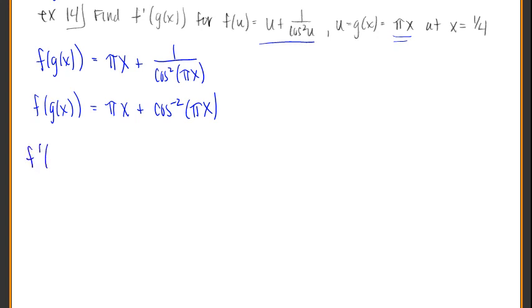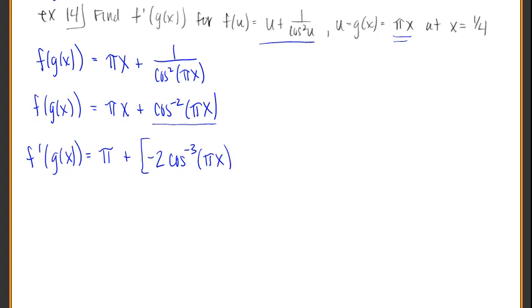So f prime of g of x, the derivative of this first one, simple and easy, just pi. Now let's do the plus the derivative of the second one. So all of this is the derivative of the second part right here. Cosine to a negative power, let's just treat that as the first thing. So drop the power, subtract 1 from the exponent, and that's just taking care of the exponent part.